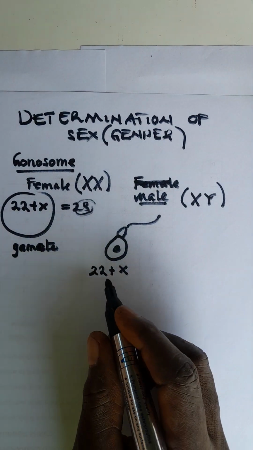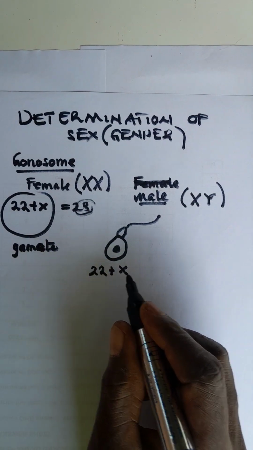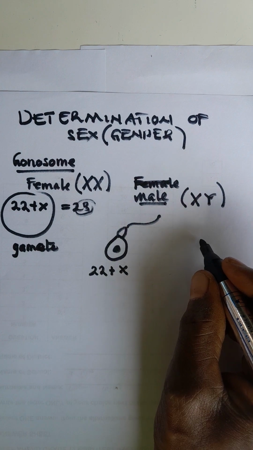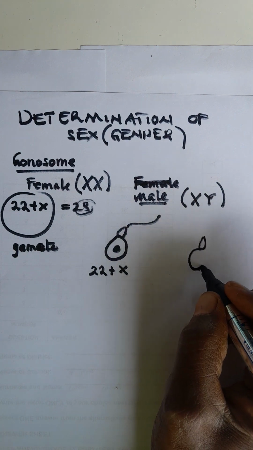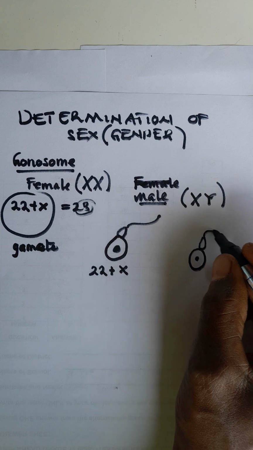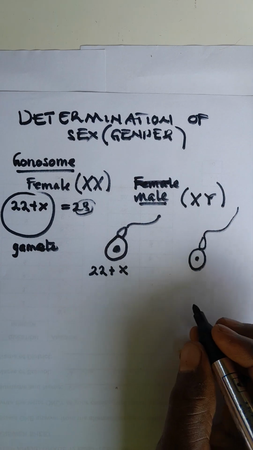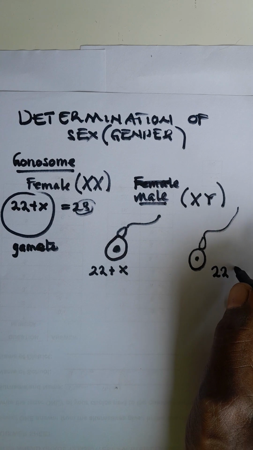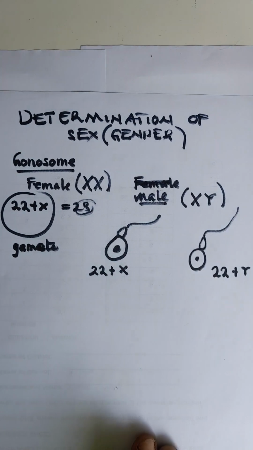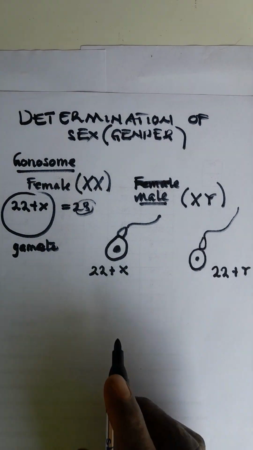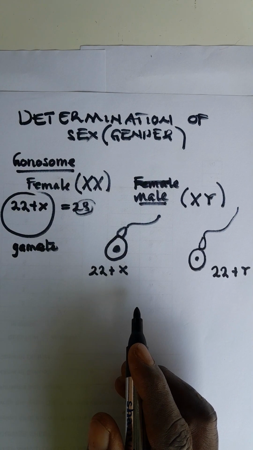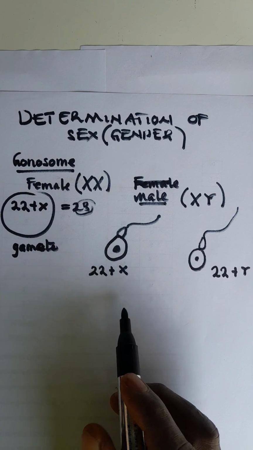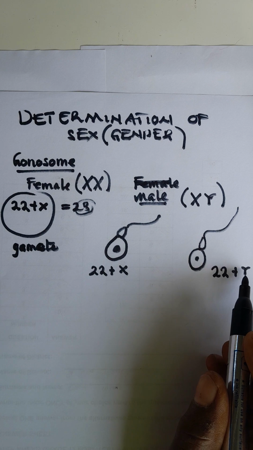It will be one that may have the X chromosome, or he can produce another sperm cell, which is going to have 22 autosomes plus the Y chromosome. Can you see that? So this is what makes us males unique, because we have X and Y.